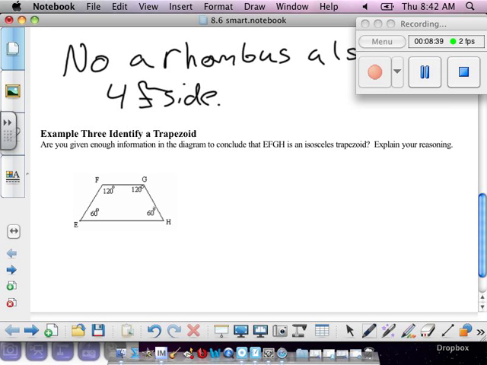What do we have up here? Angles. Okay, so let's look at the trapezoids and see what it says about angles. A trapezoid has 2 pairs of base angles. All right, and the base angles, if they're all congruent to each other, does that make it an isosceles? Yes.